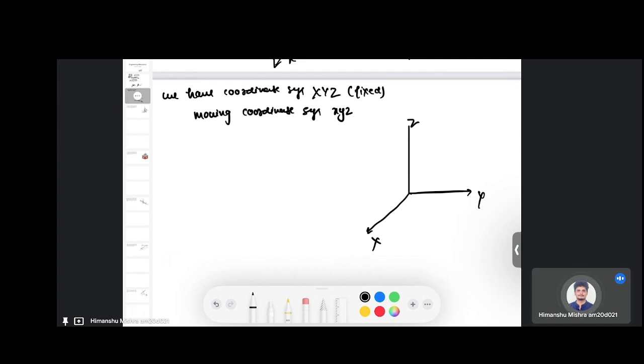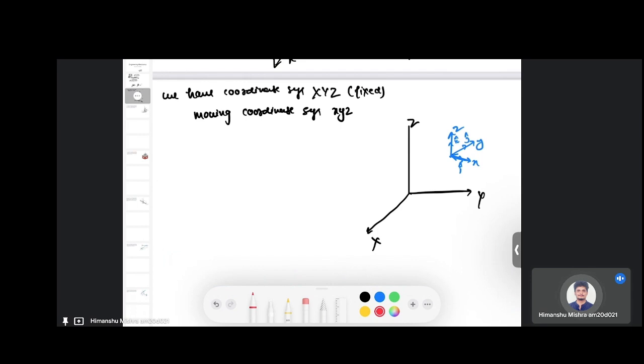So this is my fixed coordinate system, and this is the moving coordinate system. Here the unit vectors are i cap, j cap, k cap.